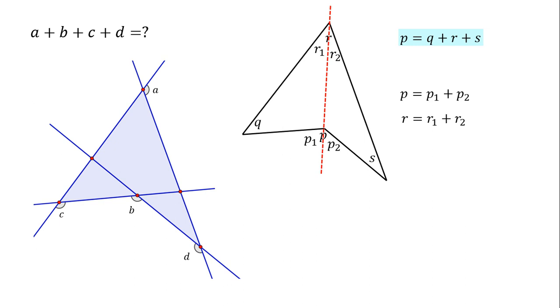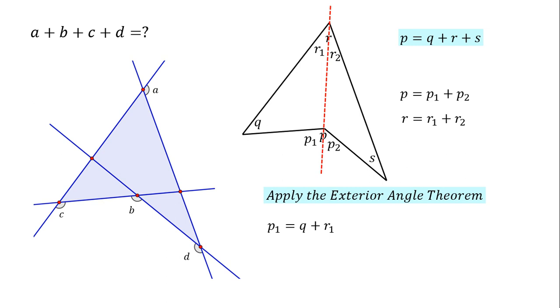Now, I'm going to apply the so-called exterior angle theorem, which states that in a triangle, any exterior angle is equal to the sum of its two remote interior angles. So we have that P1 is equal to Q plus R1 and P2 is equal to S plus R2.